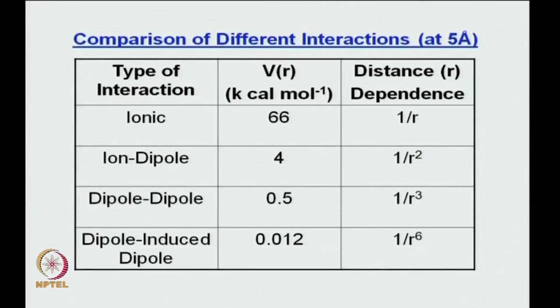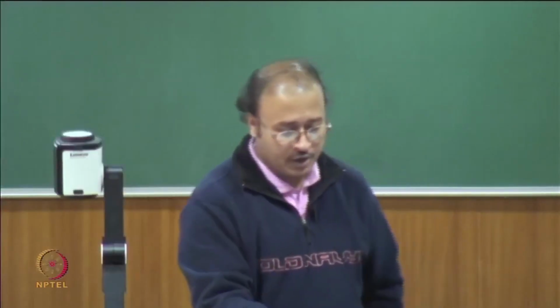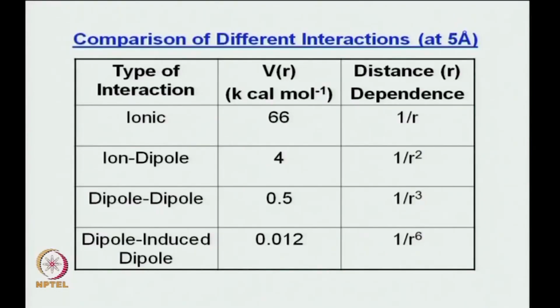Now, let us look at some comparisons. The question that comes to your mind is, I have these different dependencies for these different interactions, so how do the energies compare? This is a comparison of different interactions at a set distance of 5 angstroms, we have to keep the distance fixed. Say you are given a certain dipole moment mu. For ionic, V of r is this. For ion dipole it is 4, for dipole-dipole 0.5, and for dipole induced dipole it is 0.012, and it makes sense.